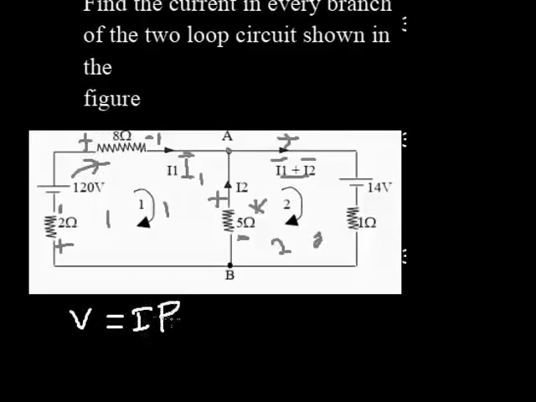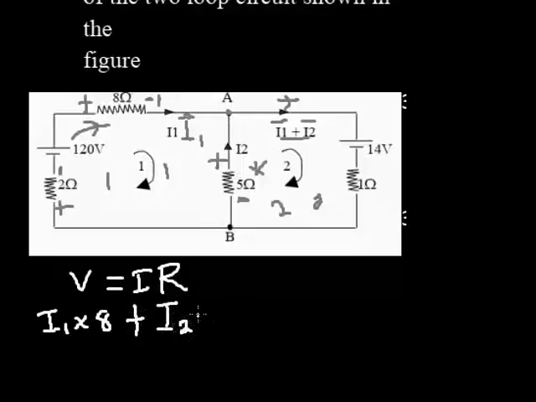The current passing through 8 ohm is I1, the current going through the first loop, so that's I1 multiplied by 8. Then I encounter the positive part of the 5 ohm resistor. The current passing through 5 ohm is I2, so that's I2 multiplied by 5.